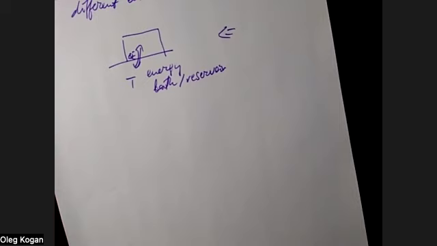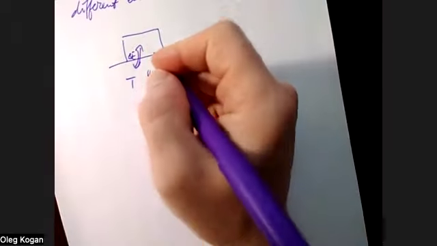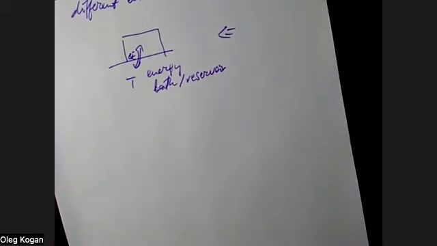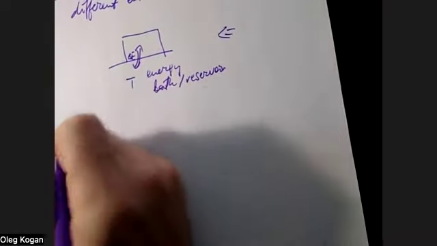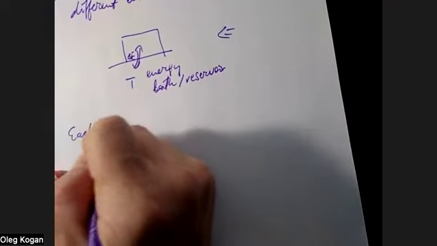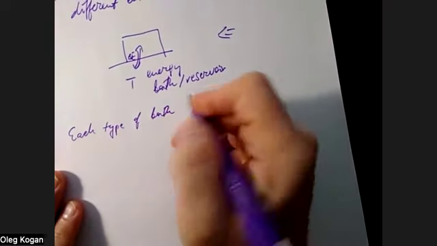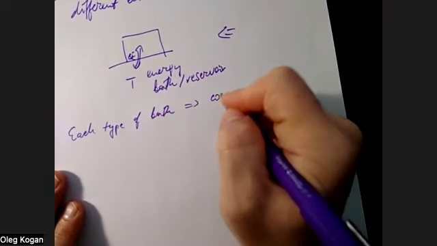So except for an isolated system, we've looked at two examples, the one with energy bath and the other with energy and particle bath. And in both cases, there's a partition function for each type of bath.